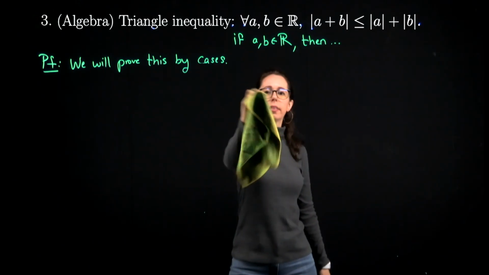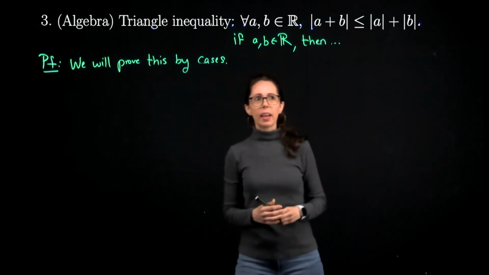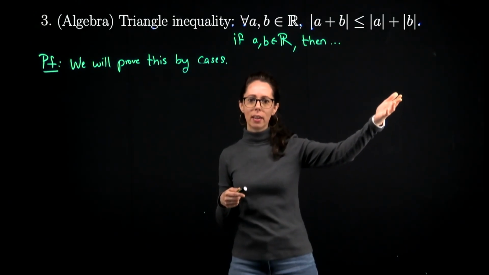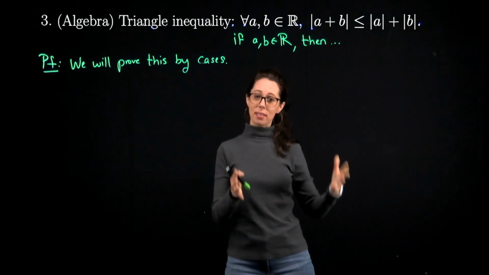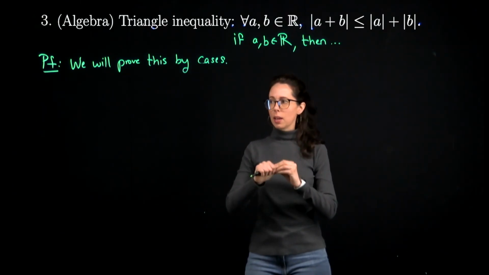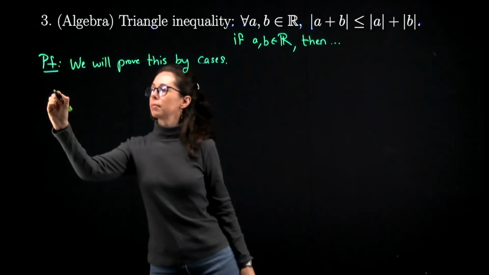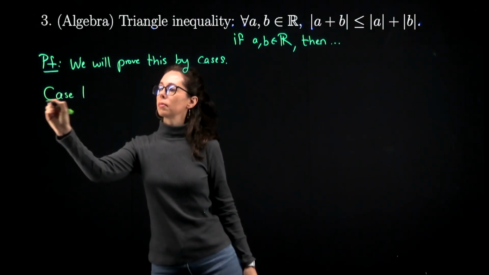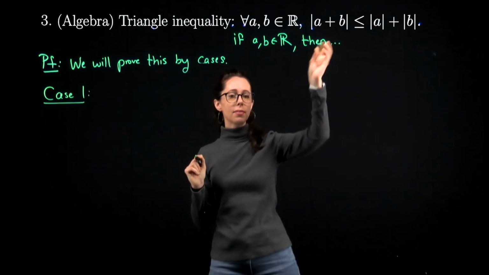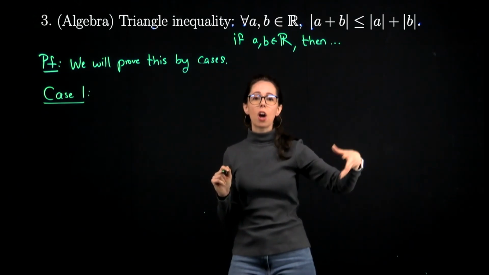There are different ways that you could do this, including considering every possible way that a and or b could be negative. So you could break it up into several cases, but there's a really nice way to break it up into just two. So my first case will be to imagine that the sum of what's inside here on the left, a plus b itself, is non-negative.